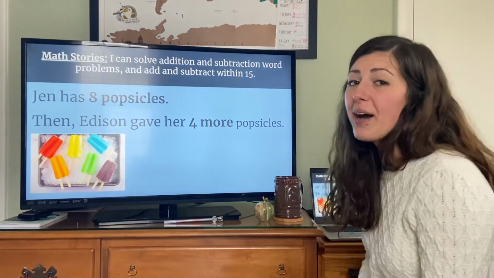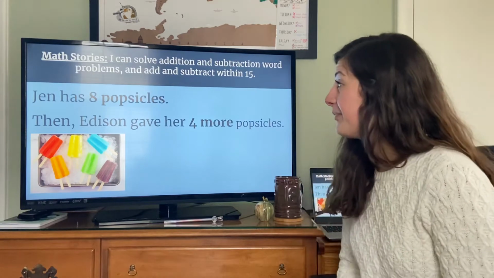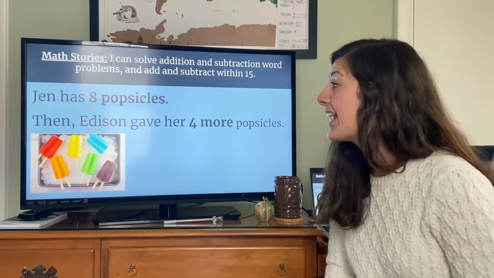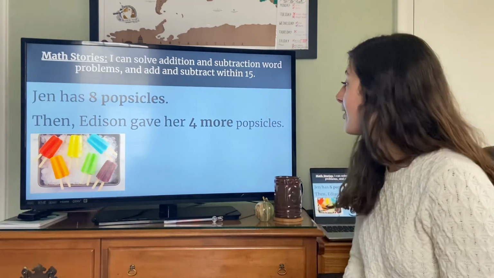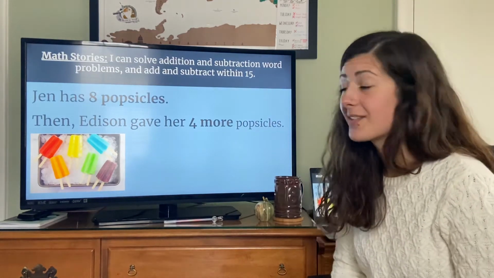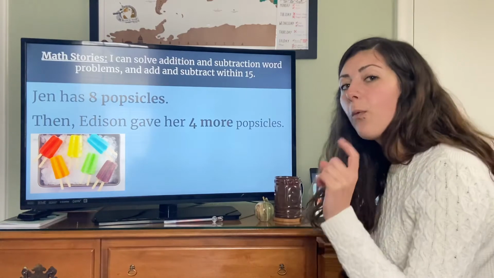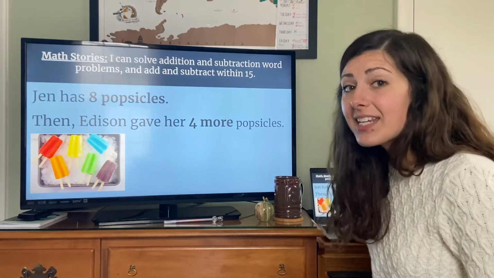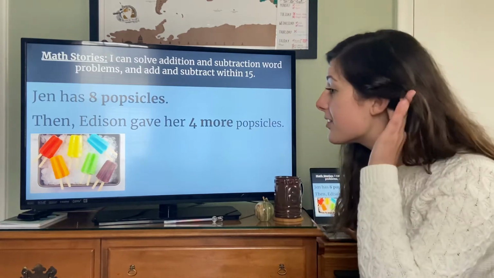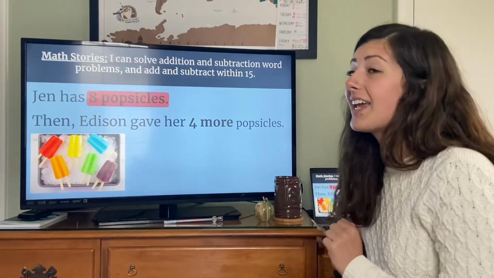And let me tell you about our story problem today. It says Jen had 8 popsicles. Then Edison gave her 4 more popsicles. I'm going to read that one more time for you. It says Jen has 8 popsicles. How many popsicles? 8.